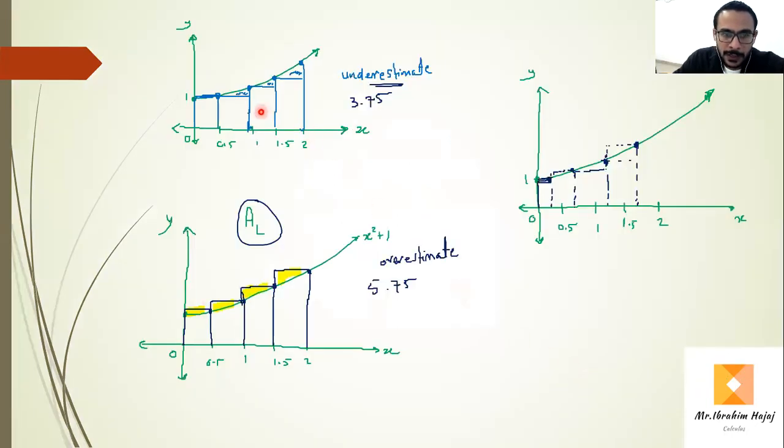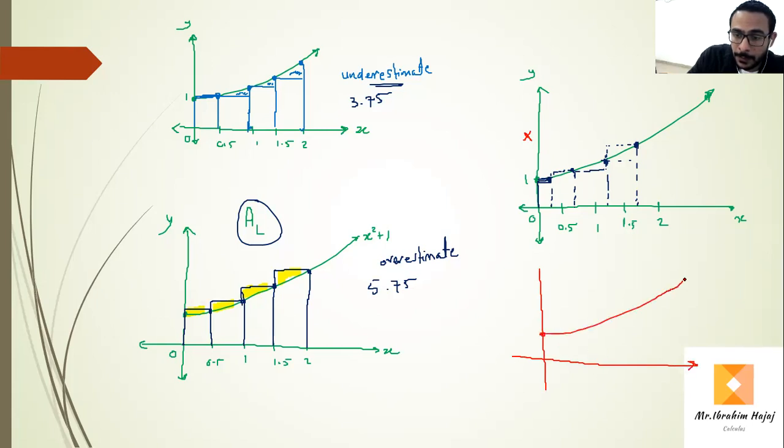Then I think we started to graph the 3 types of approximation we have for this function x squared plus 1. And we stopped here. It's not correct. I should draw it like this. We come from 0, and then 0.5, and then 1, and then 1.5, and then 2.